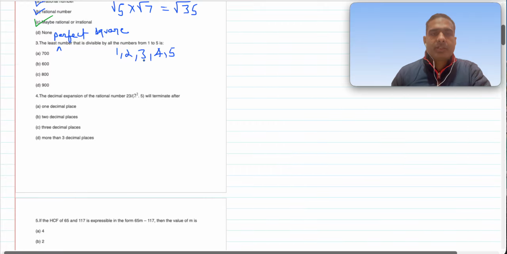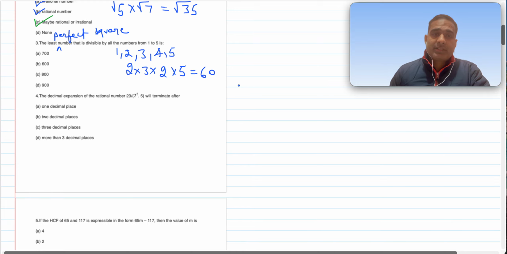To take the LCM, I have to take the product of all the prime numbers which are present in these numbers. So 2 is a prime number, 3 is a prime number, 4 is a product of 2 and 2. So one 2 is already there, so I have to take one more 2, and 5 is a prime number. So if I multiply all of them, I get 60.